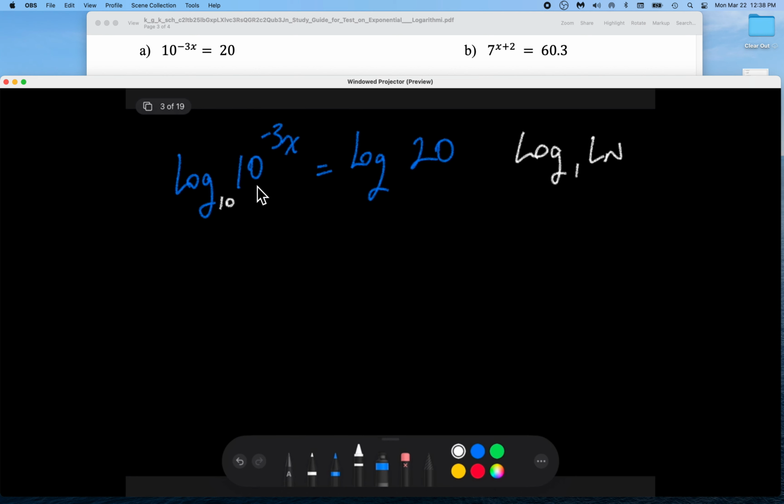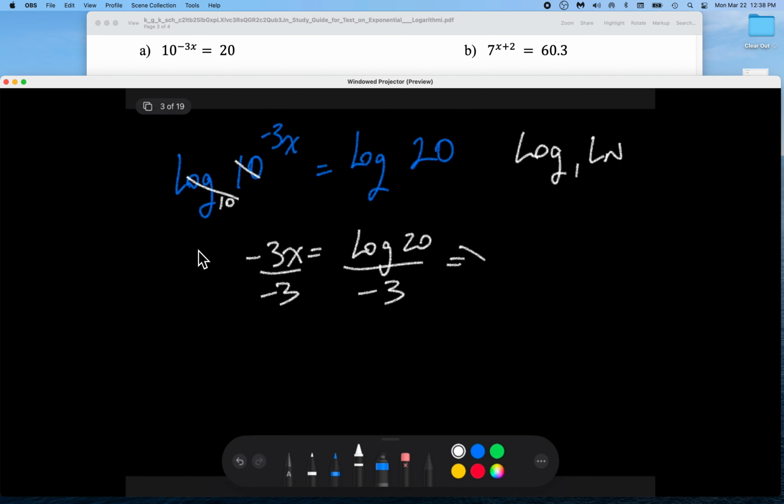Whenever the base of the log matches the base of this exponential expression, these cancel. So we're going to have negative 3x equals log of 20. You're going to divide both of these by negative 3 and plug that into a calculator, and you get negative 0.434.